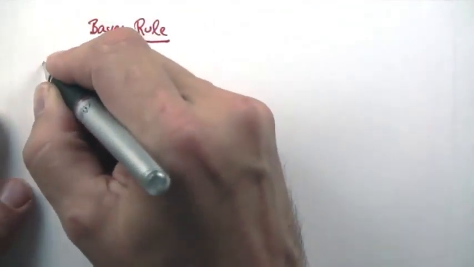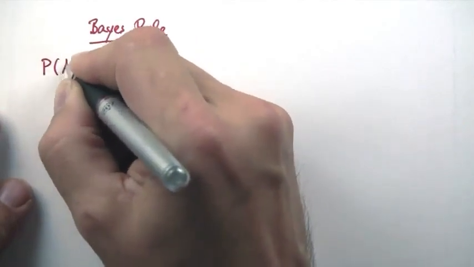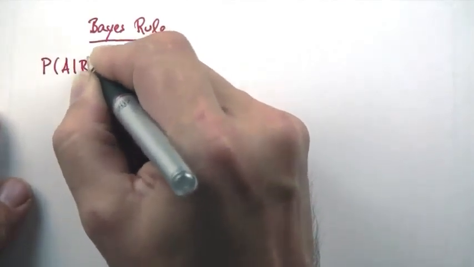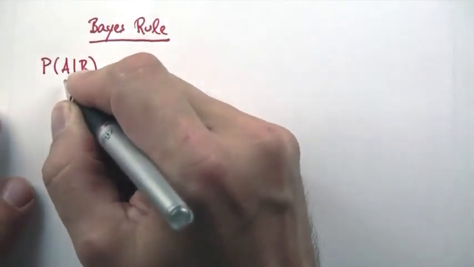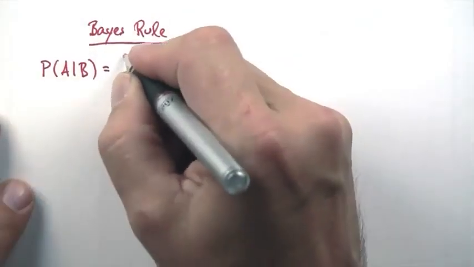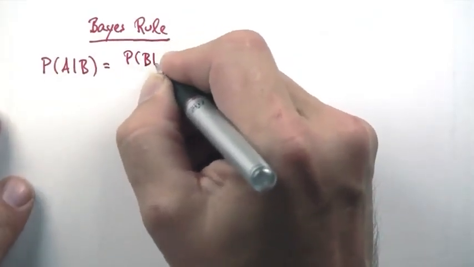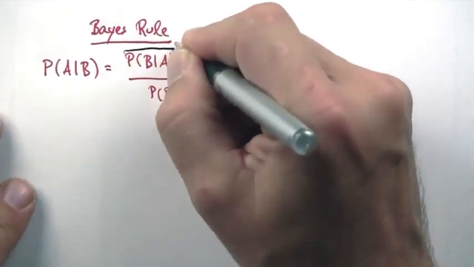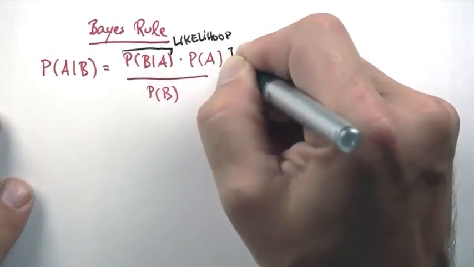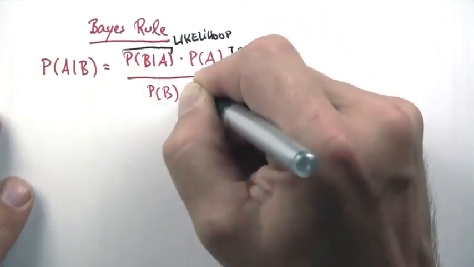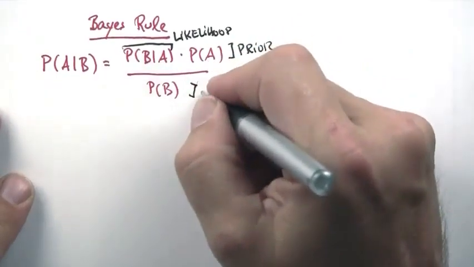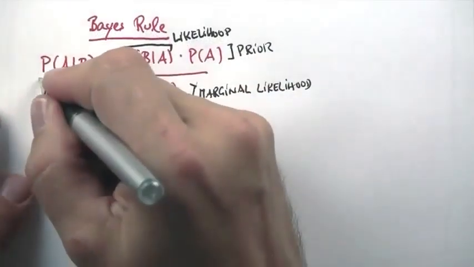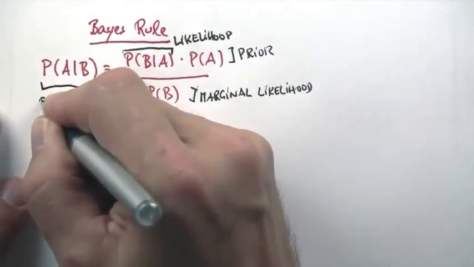Bayes' rule is usually stated as follows: P of A given B, where B is the evidence and A is the variable we care about, is P of B given A times P of A over P of B. This expression is called the likelihood, this is called the prior, and this is called the marginal likelihood. The expression over here is called the posterior.